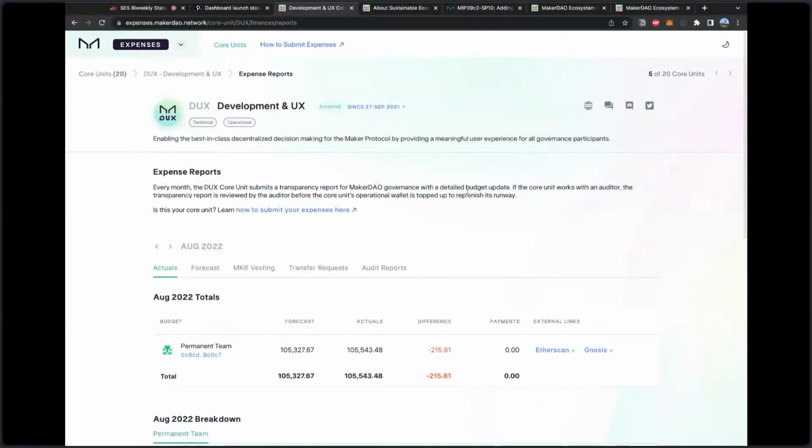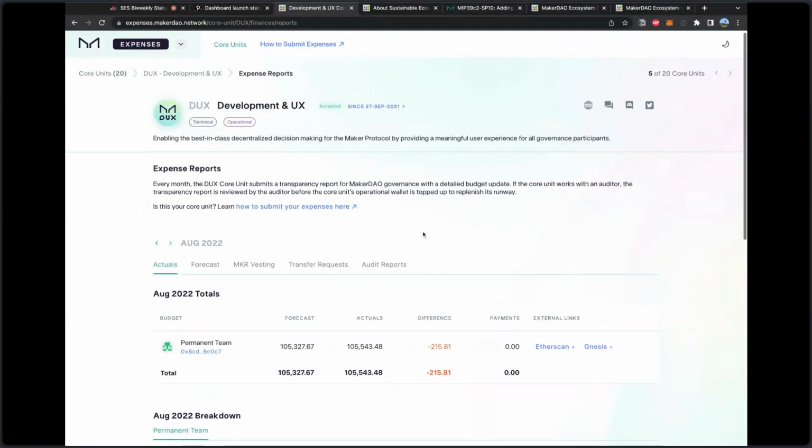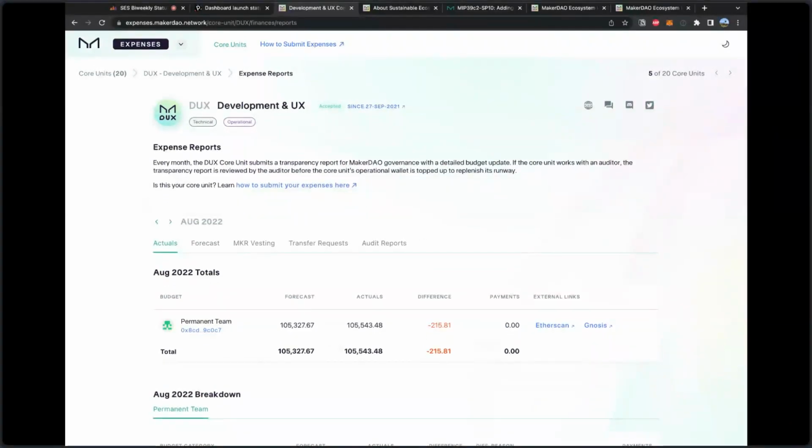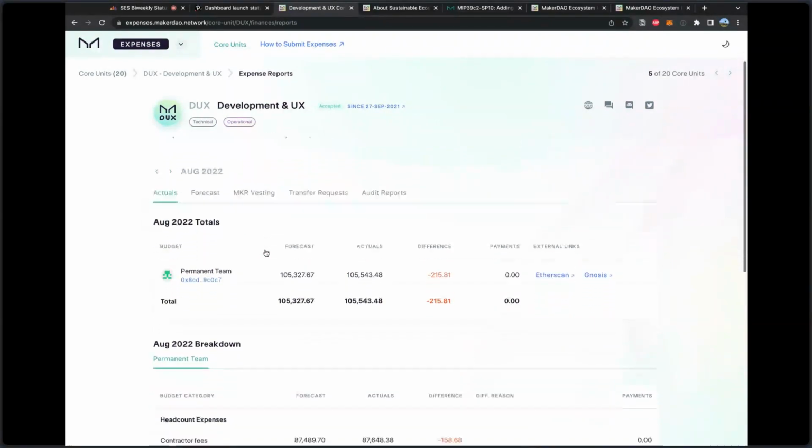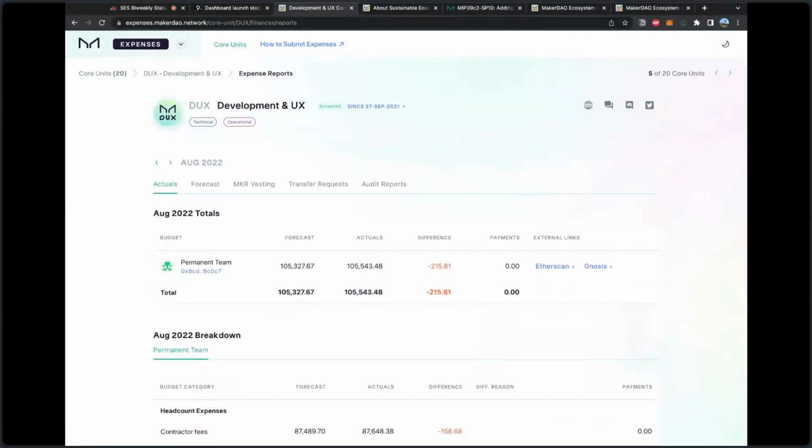So this is the expense page, the finances page, and first it automatically defaults to the most recent month with data. For example, here the DUX core unit, the most recent month they have pushed is August.